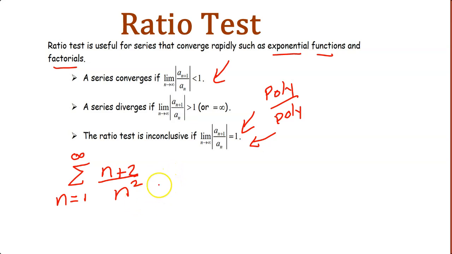The ratio test says we're going to take out every n and replace it with n plus 1. So this first one's going to read n plus 1 plus 2 for the numerator, but we can call that just n plus 3. So n plus 1 plus 2 is n plus 3. So we have n plus 3, and we're dividing that by n plus 1 squared.